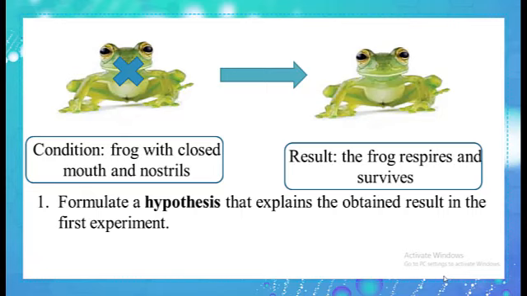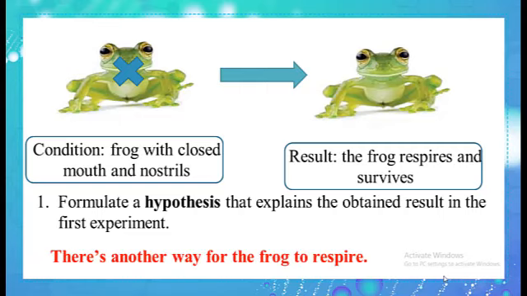So pause the video, try to formulate your own hypothesis, then see our hypothesis. Our hypothesis is: there is another way for the frog to respire even though we closed its mouth and nostrils.